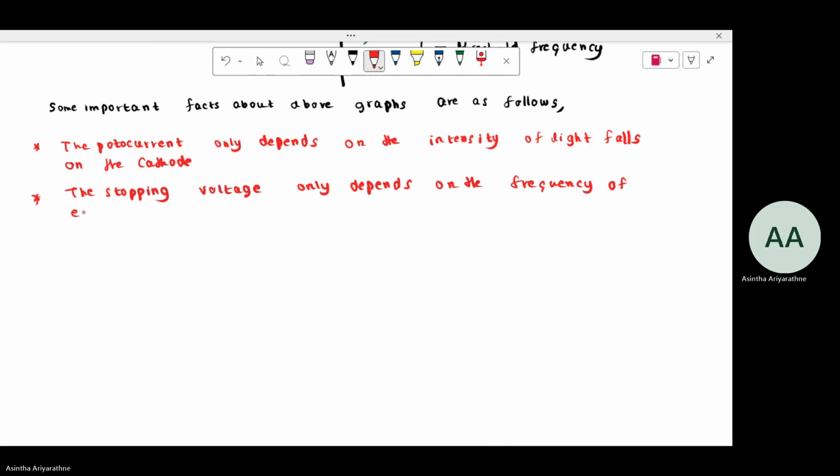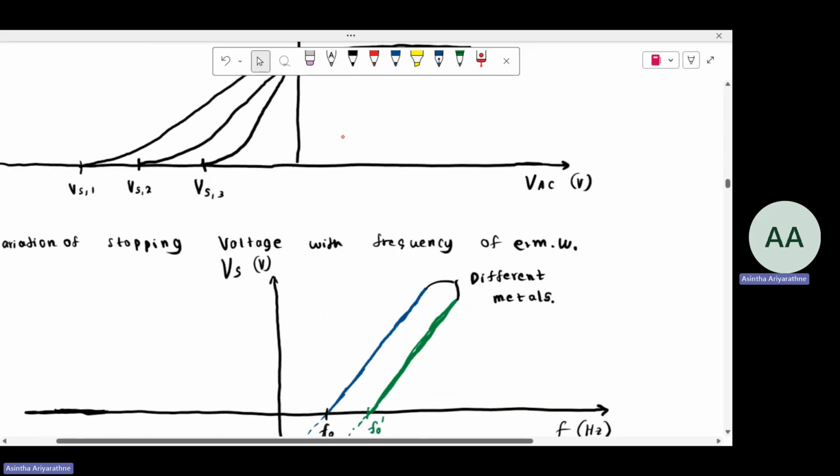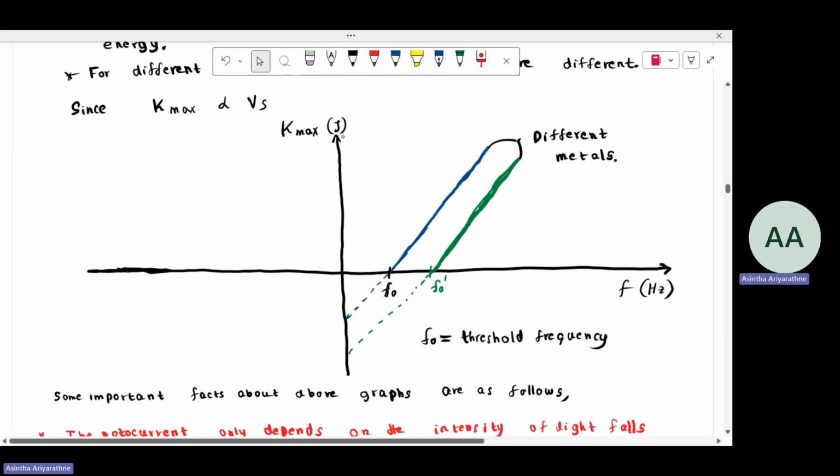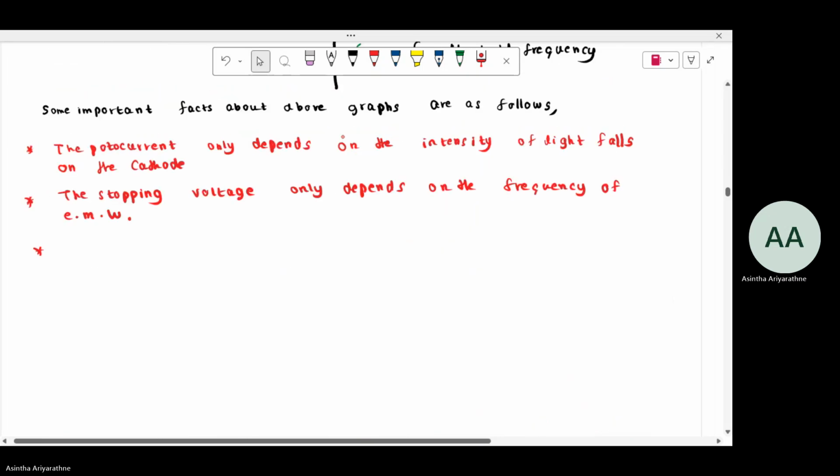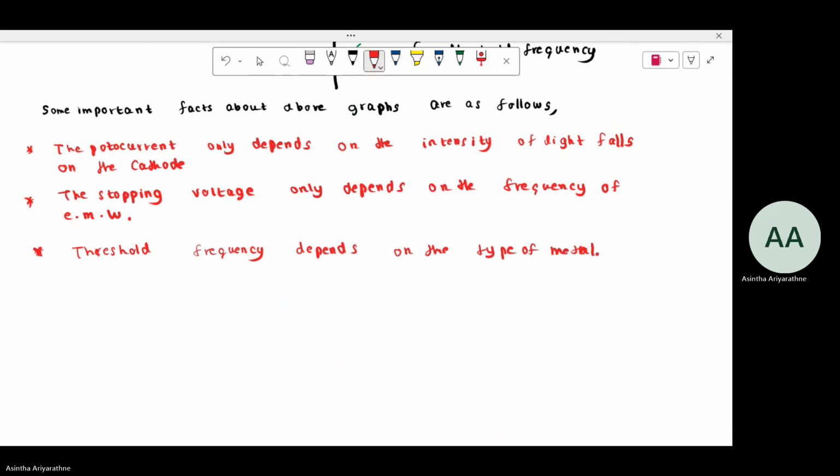Frequency of the electromagnetic wave. Then the threshold frequency depends on the type of metal.